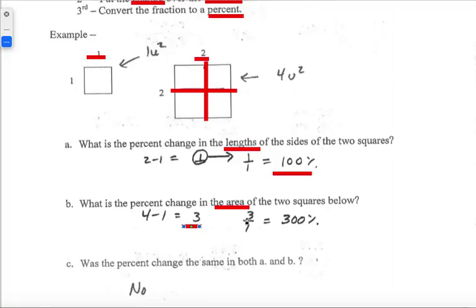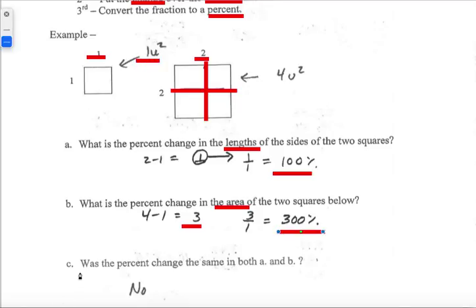Step 2, we take the change, 3, and divide by the original amount, which was the 1 square unit. So 3 divided by 1 is 3, which converts to 300%.